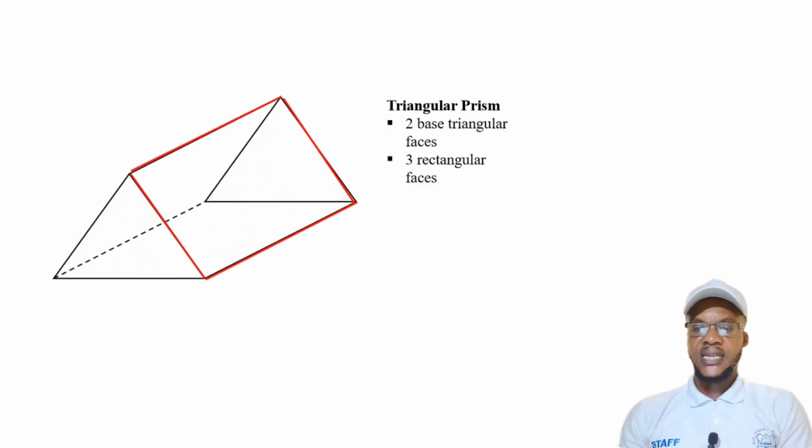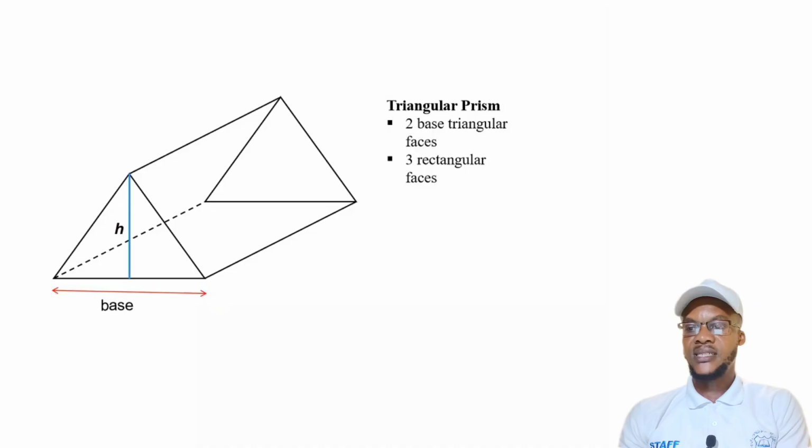Now, if you take the triangular prism, you realize that we have the base, the base length, and the height of the triangle, which is h.